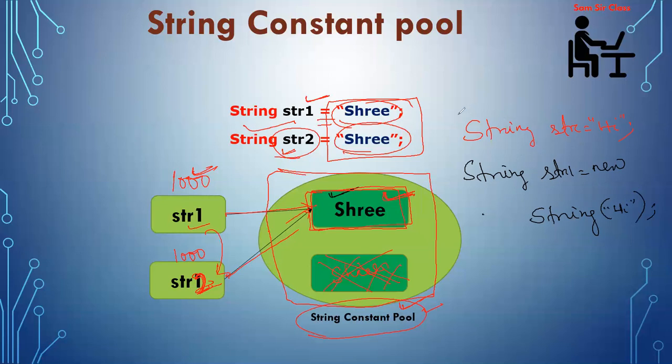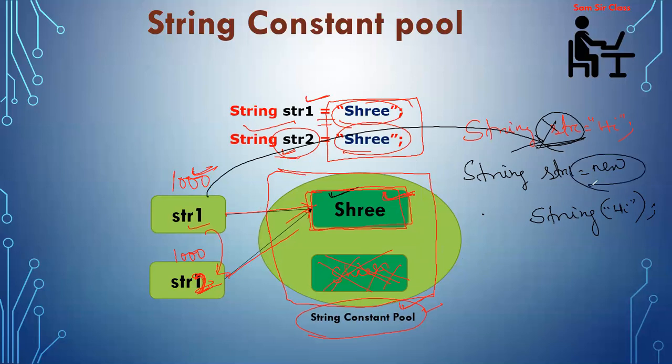So in the first statement, the assignment operator is used to assign the string literal to the string variable str. So the value will be stored in the string constant pool. JVM first checks whether the same object is already available in the string constant pool. Clear? If available, it will never allocate the memory once again. It will just copy the previous address or reference to the new object.